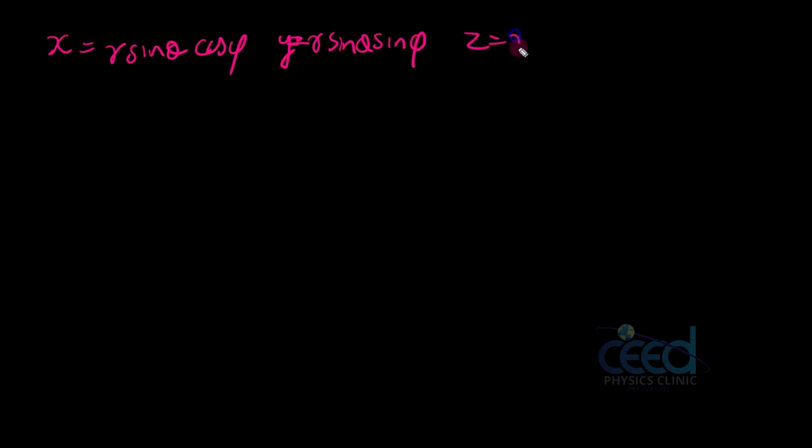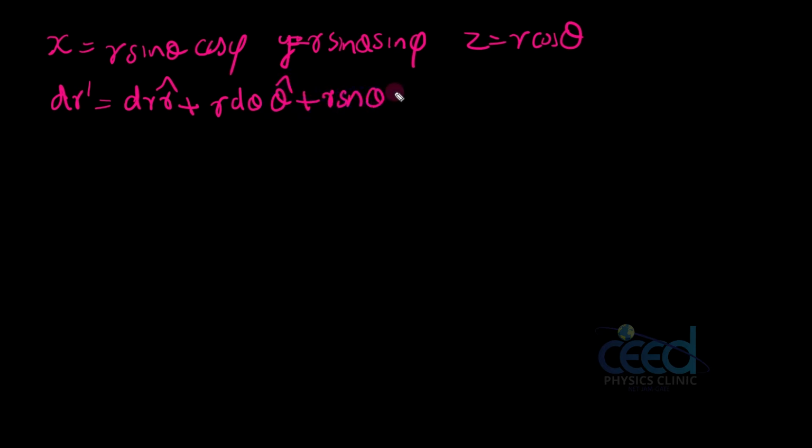This we have derived, and the length element dr dash is equal to dr r cap plus r d theta theta cap plus r sin theta d phi phi cap. So this is the expression we have seen.